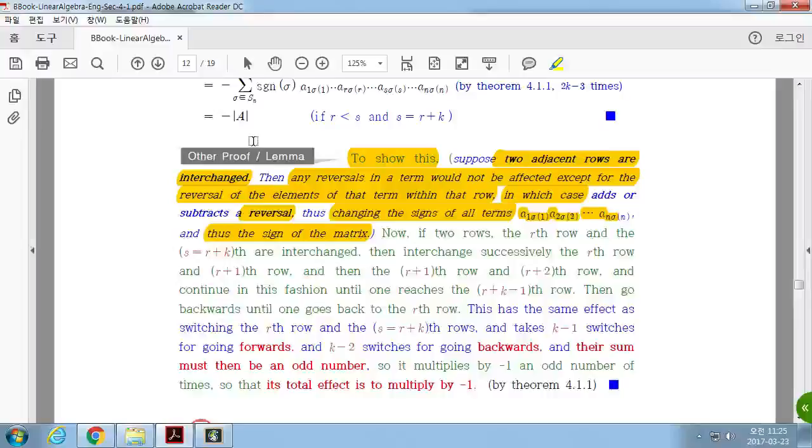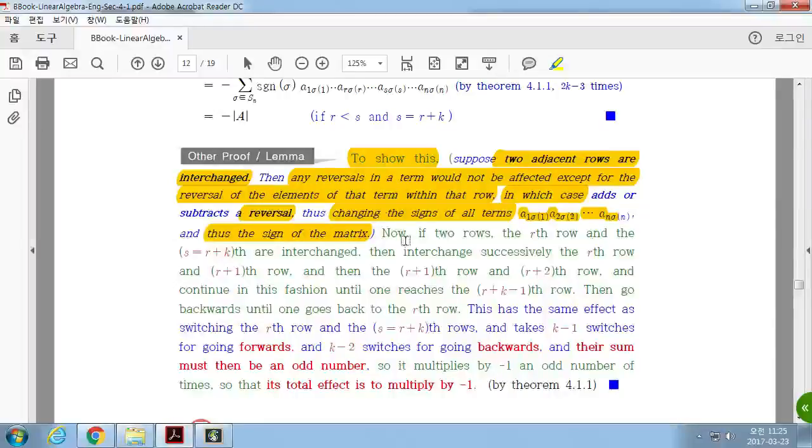So if you change two adjacent rows, the sign change occurs by adding or subtracting a reversal.